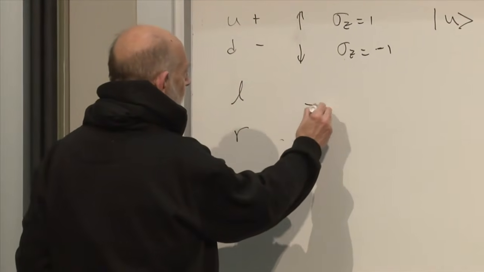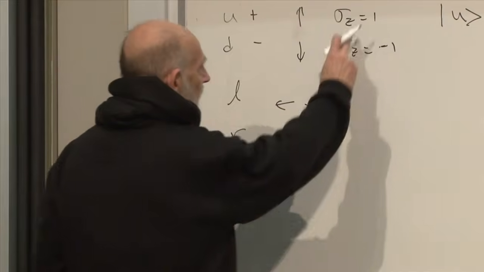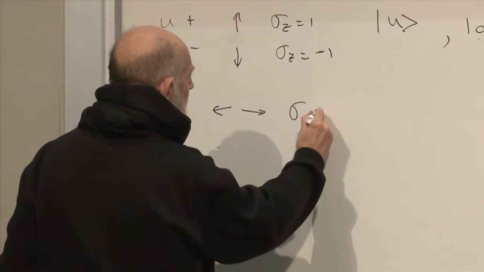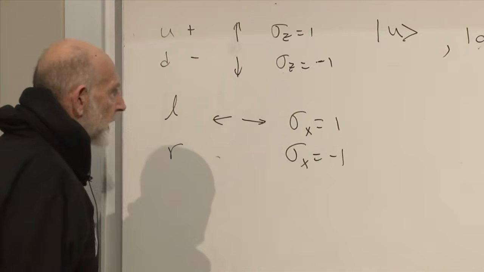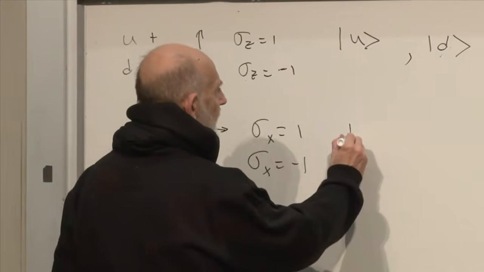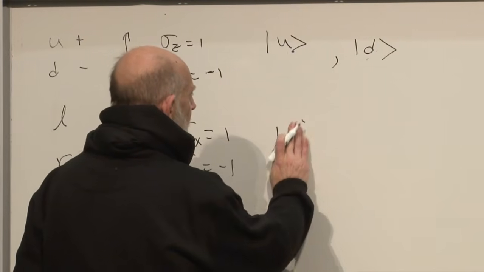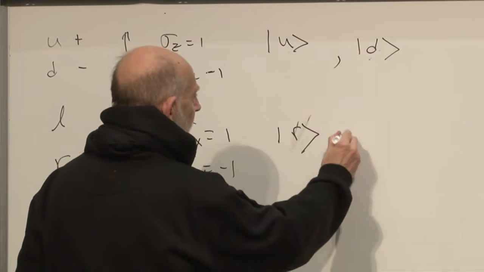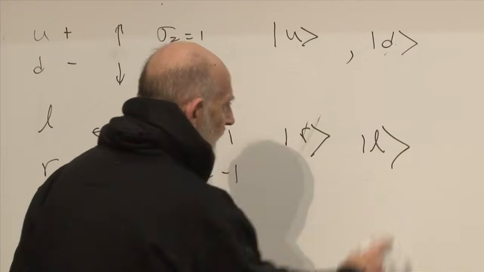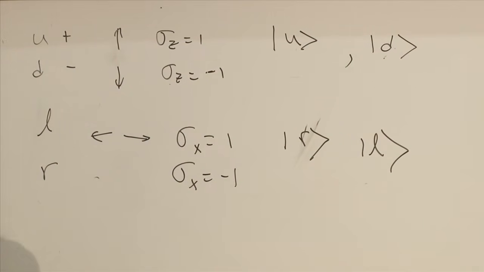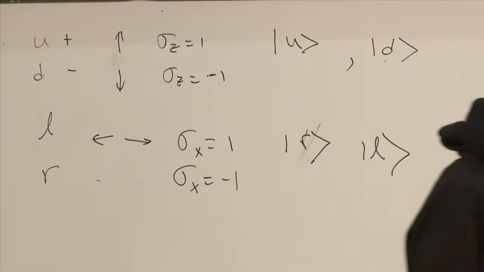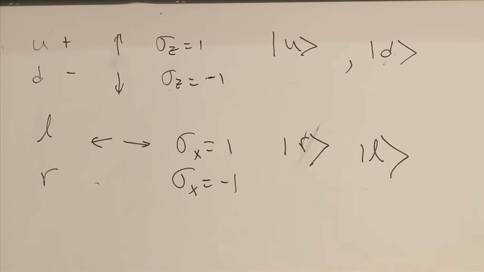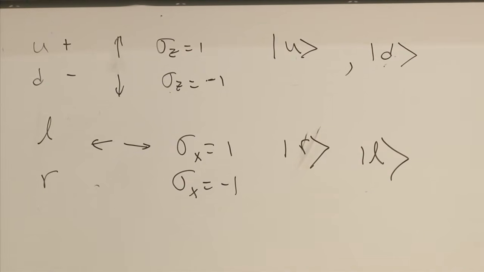We could draw them this way if we liked. They also correspond to sigma x equals 1 and sigma x equals -1. And we could label them if we liked. Let's label them right and left. Finally, we know that if we were to turn our apparatus so that the apparatus was pointing along the y-axis, we could access two more states.